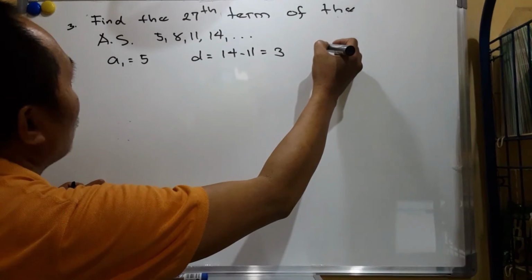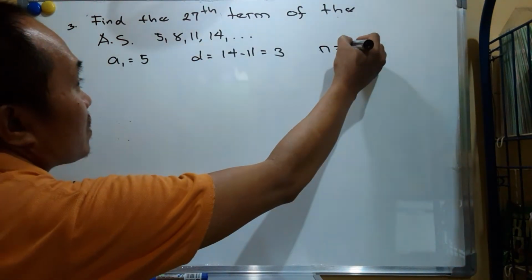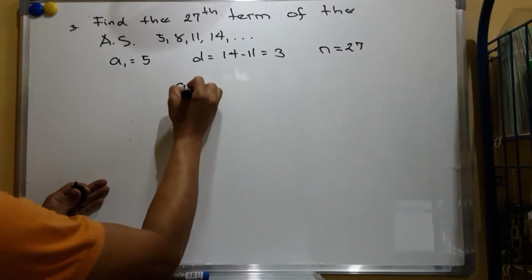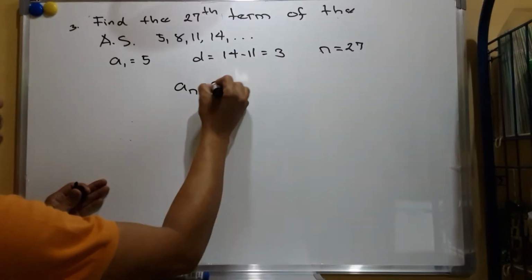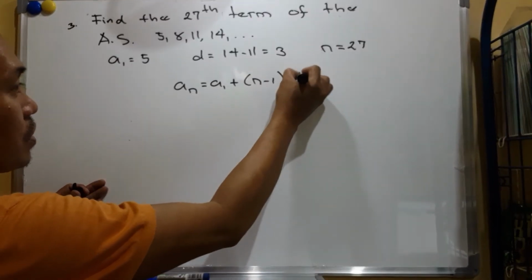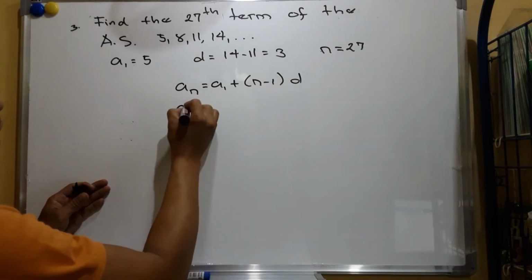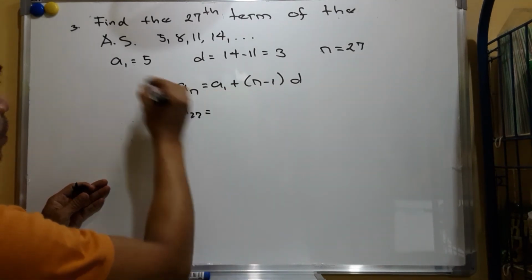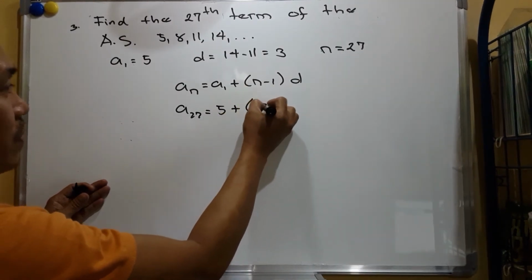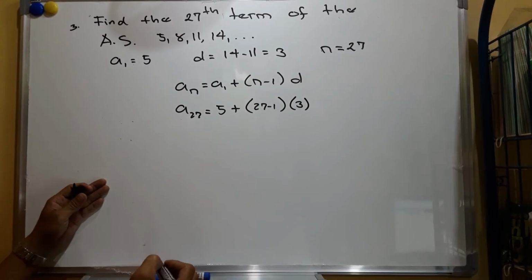Next is your number of terms, the 27th term. So, substitute in your formula. A sub n is equal to a sub 1 plus the quantity of n minus 1 times d. Substituting, a sub 27 is equal to a sub 1 is 5 plus 27 minus 1 times 3.